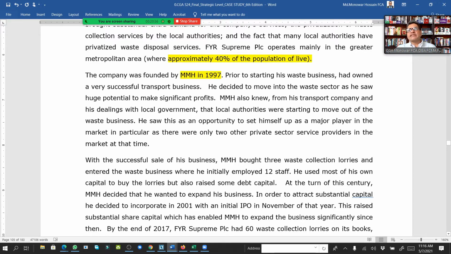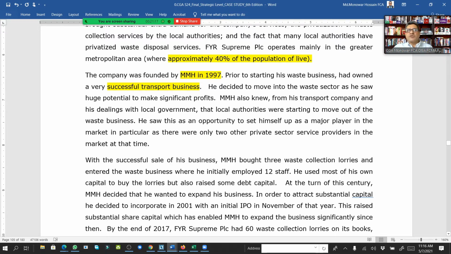Prior to starting the waste business, he had owned a very successful transport business. So the owner of that waste management company has a proven record of a previous successful transport business, and now started another company, a waste management company.